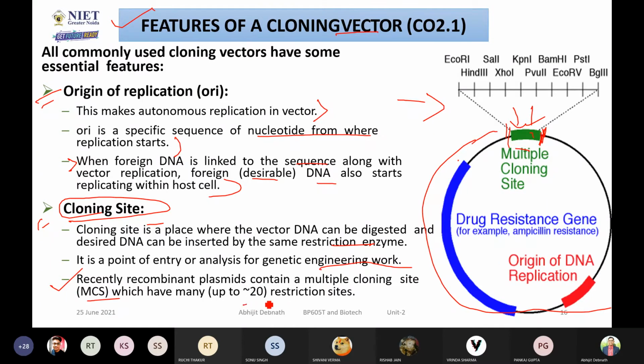This can be up to 20. In one vector you can insert 20 different genes. So it's a very interesting thing. In future we will observe lots of new advanced organisms or plants, which will show much better effects.